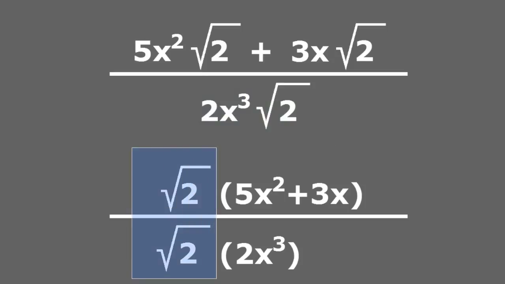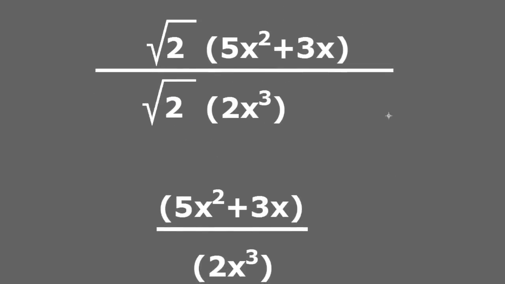So now I have these two square roots of 2, one in the numerator and one in the denominator. And as you may know, when you have the same number or variable in the numerator and in the denominator, that just equals 1. So these two, the square root of 2 with this other square root of 2, simply become 1. And anything multiplied by 1 is just the same thing.